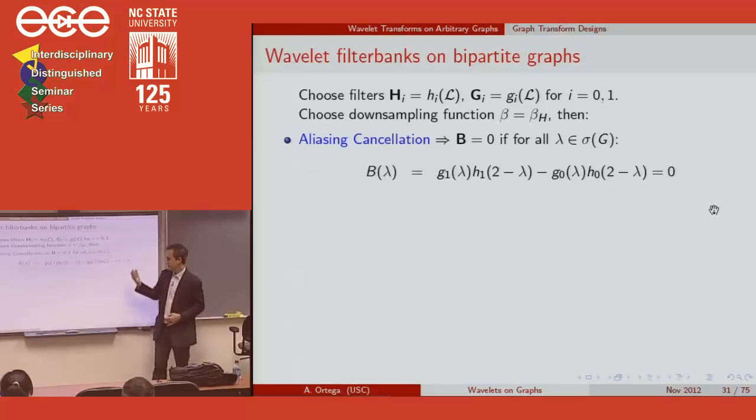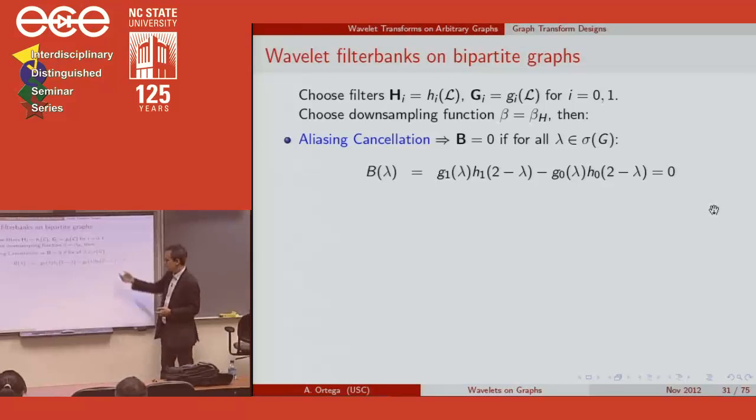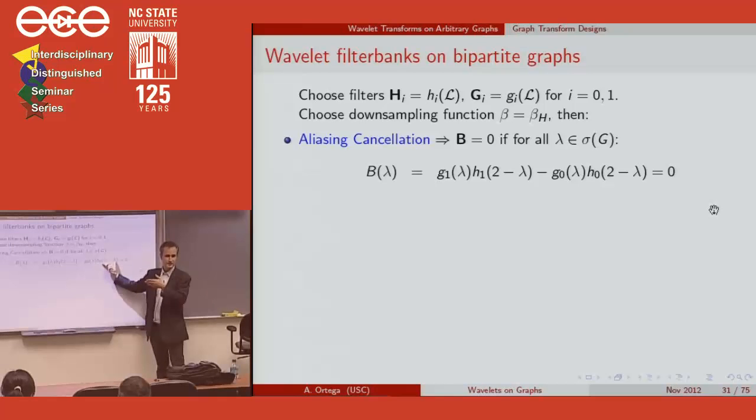I should say that in the case of bipartite graphs, lambda is always between 0 and 2. 0 is an eigenvalue, 2 is an eigenvalue. So essentially you can see this as the equivalent of h of e to the minus j omega. It's basically shifting the filter by pi. Here it's converting a low pass into a high pass. So that's the key observation for the bipartite case.